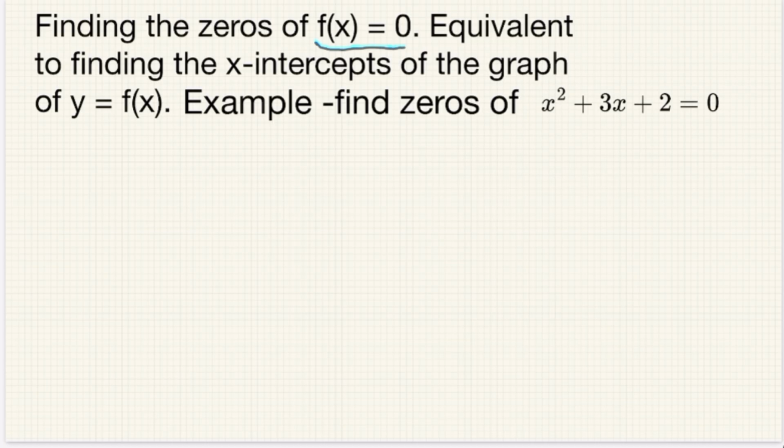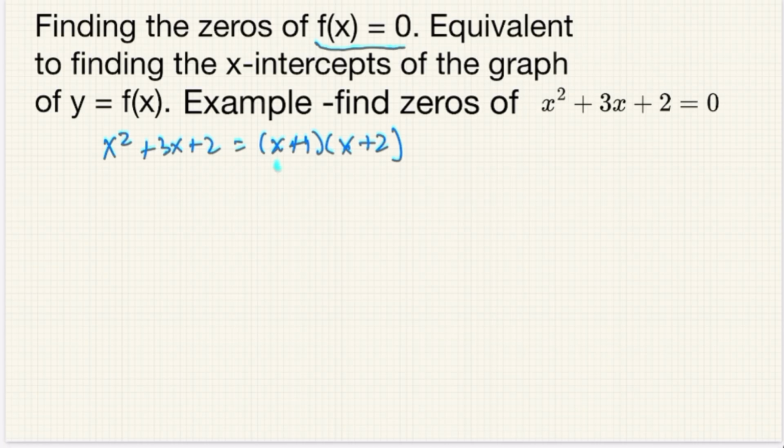So let's look at an example. We want to find the zeros of the function x squared plus 3x plus 2. Now we can factor this into x plus 1 times x plus 2. I'm not going to explain factoring right at this moment, but let's just multiply that out using the FOIL method, and I have a video on that too.